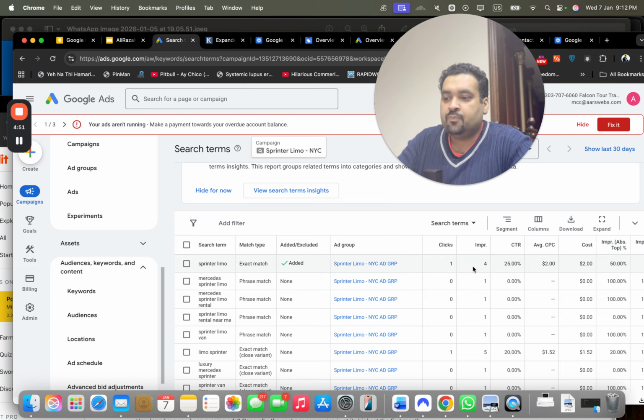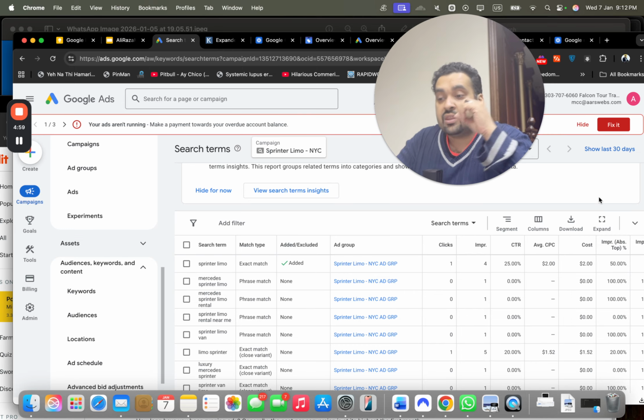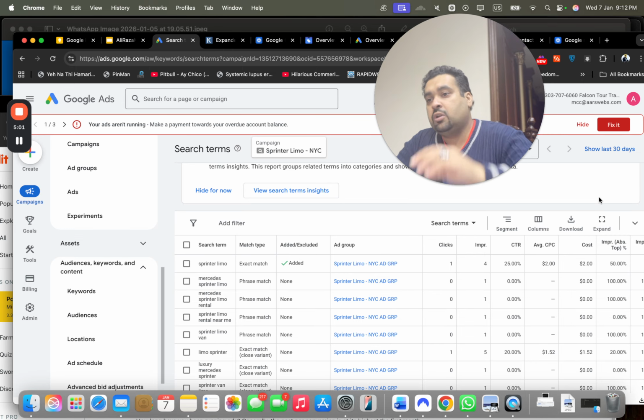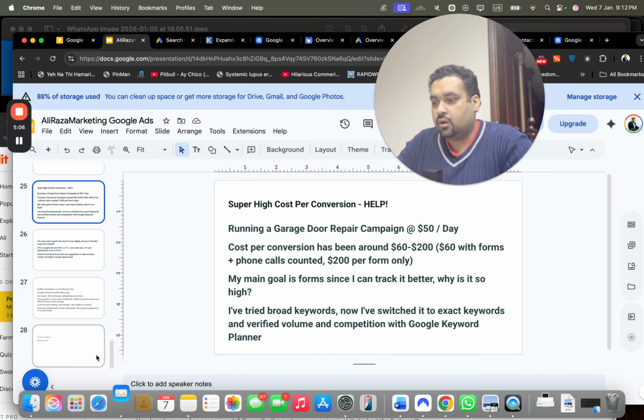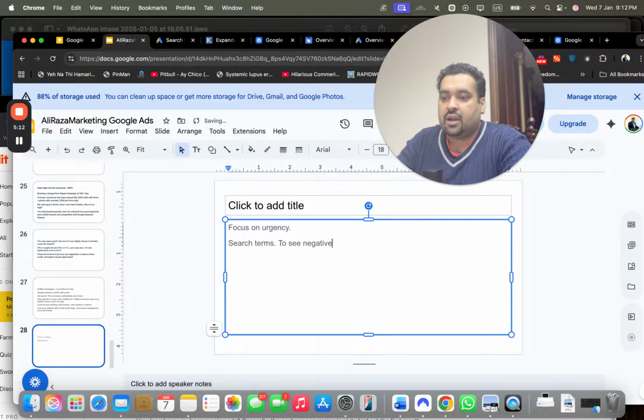Look for the keywords which have a high number of clicks but fewer conversions, and look at their impression share and where they are positioned, to see if they are the cause of concern. You may have to add negative keywords, the queries which are not performing well. They can help you.